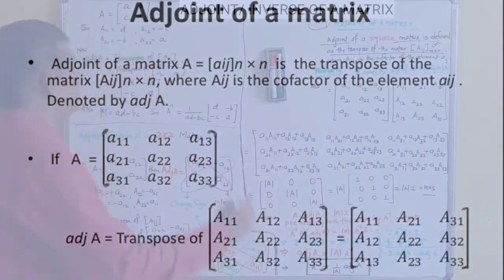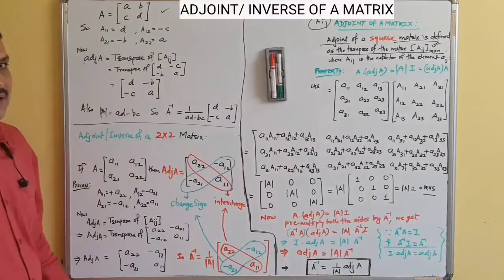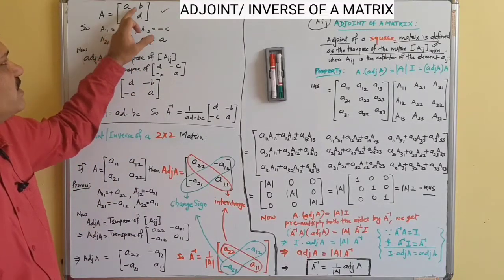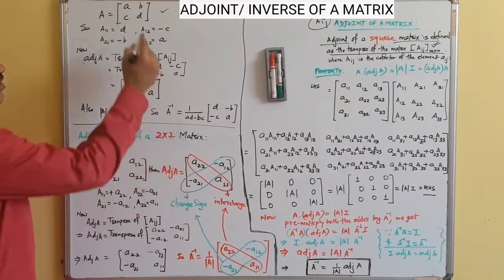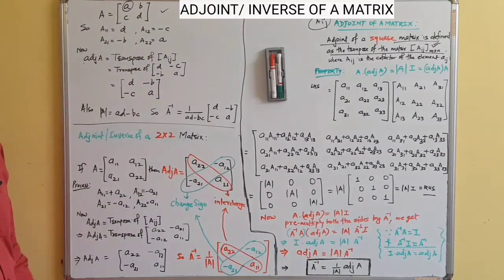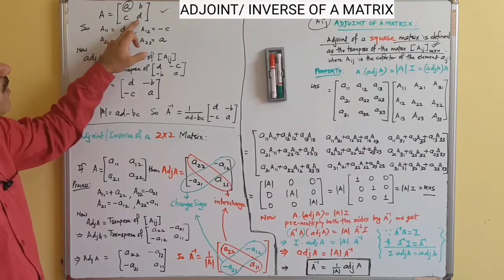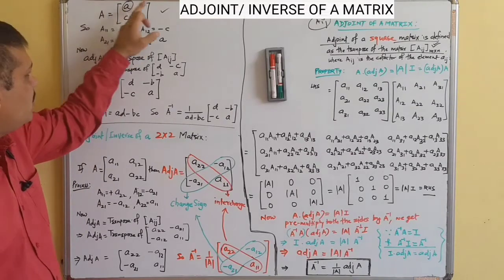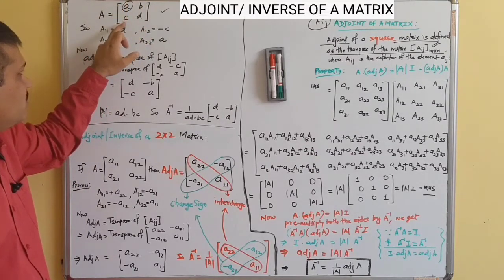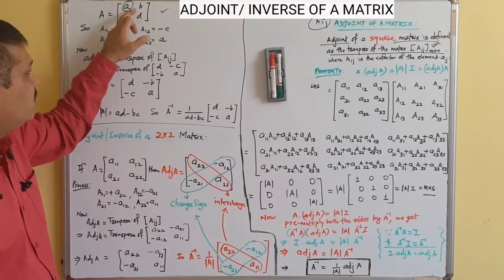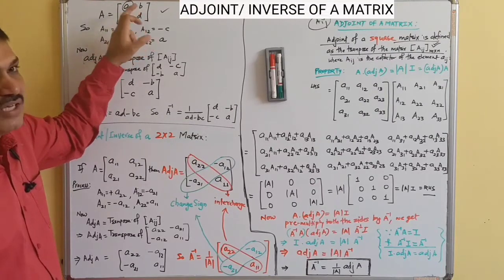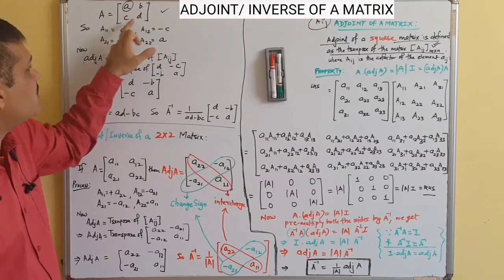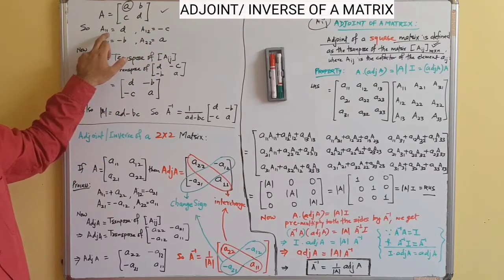Suppose I have a 2 by 2 square matrix A with elements a, b, c, d. We have studied cofactors. To find the cofactor, we delete the ith row and jth column, and the determinant obtained is known as the minor. This minor is multiplied by minus 1 raised to i plus j.